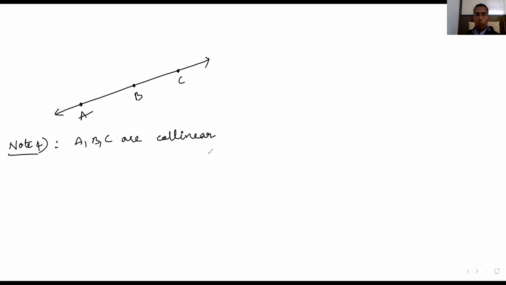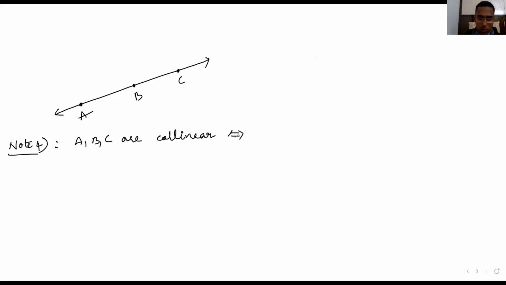This is the straight line and you have your 3 points A, B, C. Now I have to prove A, B, C are collinear. This is note 4. A, B, C, 3 points are collinear. Then what is the condition with respect to slope?